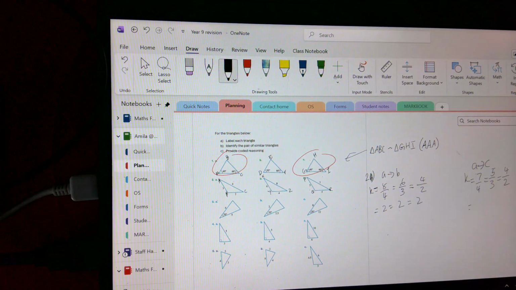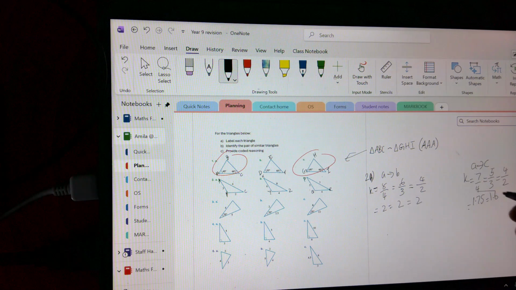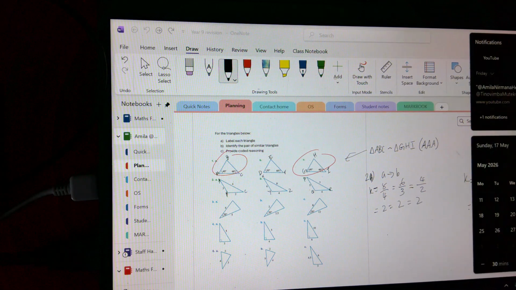Well, 7 divided by 4 is 1.75. This is 1.67, and that's 2.